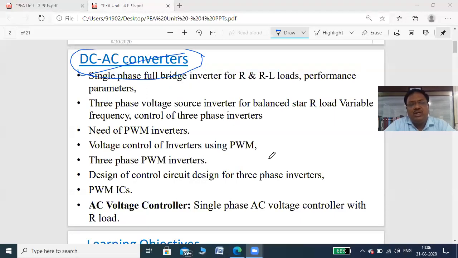See, dear students, inverters are the circuits which are normally used at our home or in industry, in offices, in a corporate office, in institutions, right? Simply when the mains is off, whatever the batteries which store the energy, that energy is converted to AC, and that AC is used to operate the home appliances or office appliances, right?